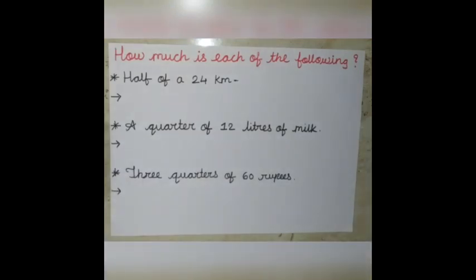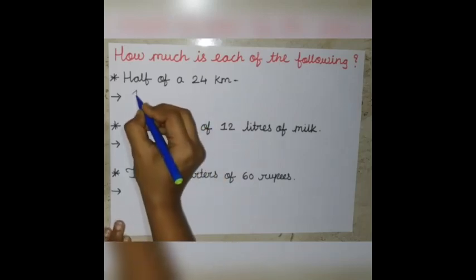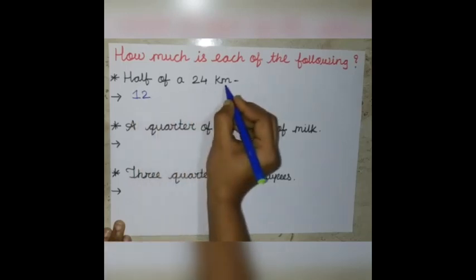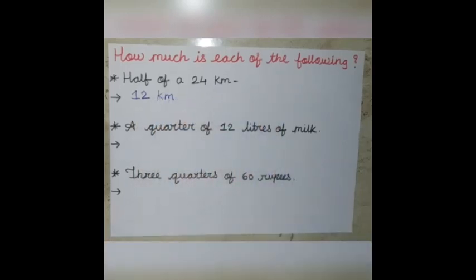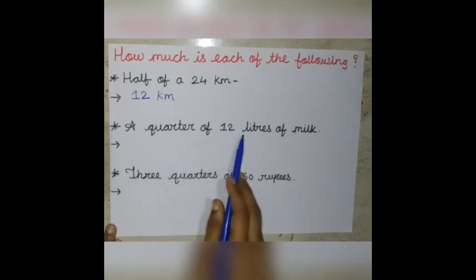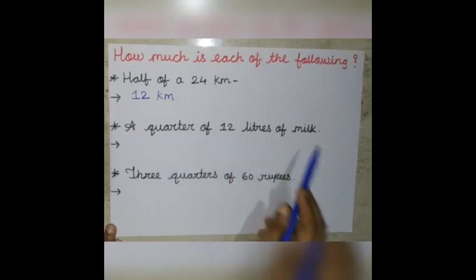How much is each of the following? Half of 24 kilometer. Now tell me what will be the half of 24? Yes, half of 24 will be 12. Unit is kilometer, so write here kilometer. Now read the next question. A quarter of 12 liters of milk.